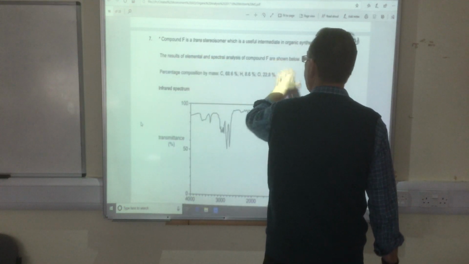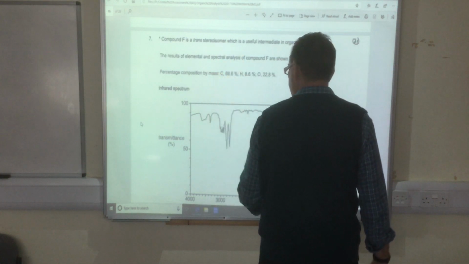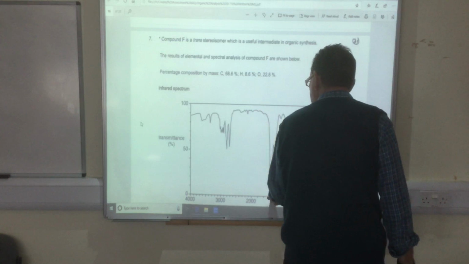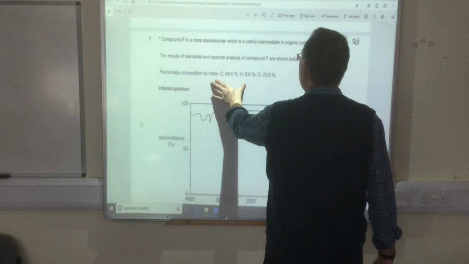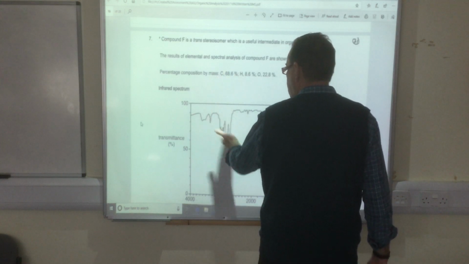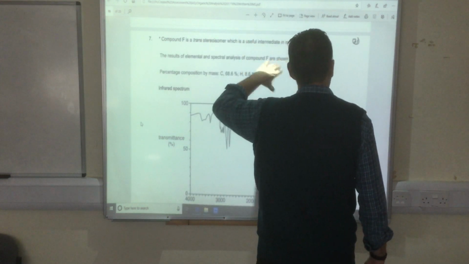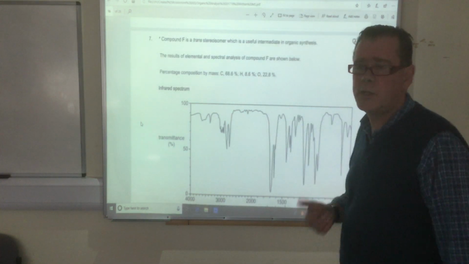Elemental spectral, F. Yeah, could do stuff with that. Infrared spectrum of F: well, there seems to be a sharp peak, C=O, here. No OH. That suggests to me F is not an alcohol, because it hasn't formed a big broad thing here. And it's got to have cis and trans isomers. Keep that in your brain.